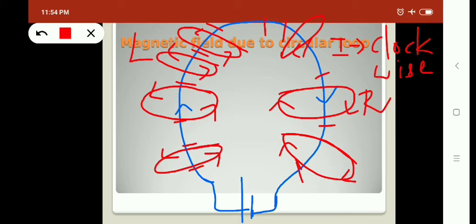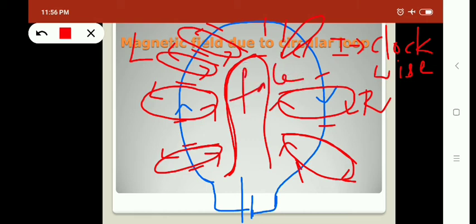clockwise direction. Now let's again focus on the left side of the circular coil. On the left side, here in this area, what is the case of the magnetic field? Is it entering into the screen or is it coming out of the screen? Yes, if we consider the inner side of the coil, that means the face of the coil. See this area, this portion of the coil, the center of the coil can be considered as the face of the coil.